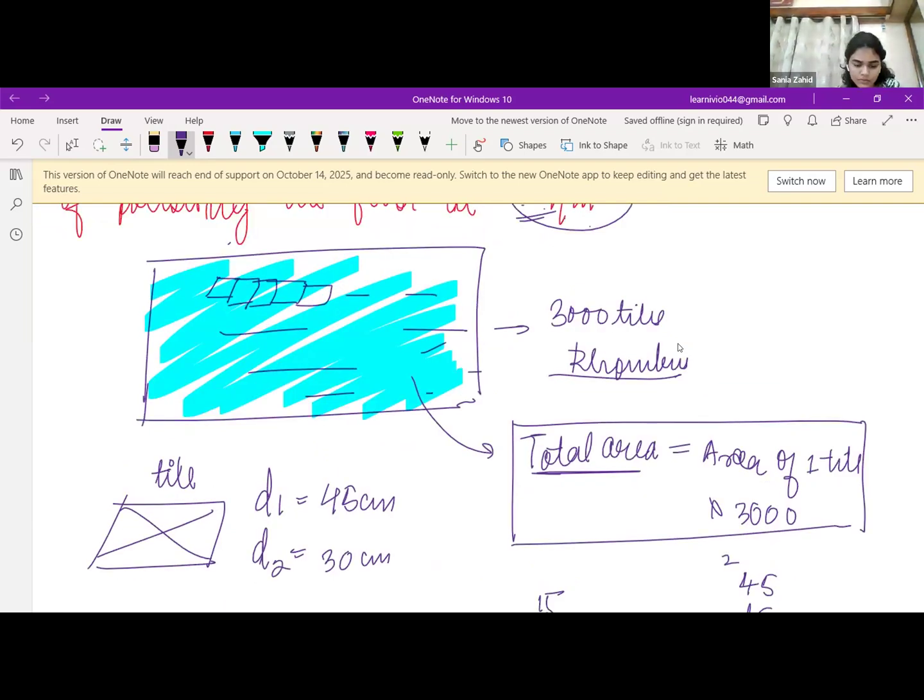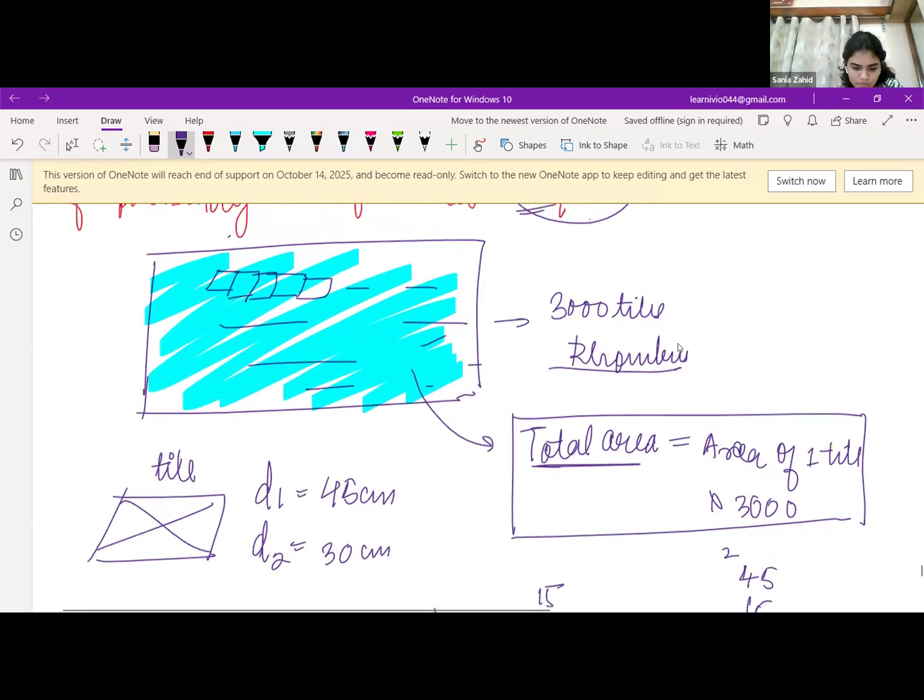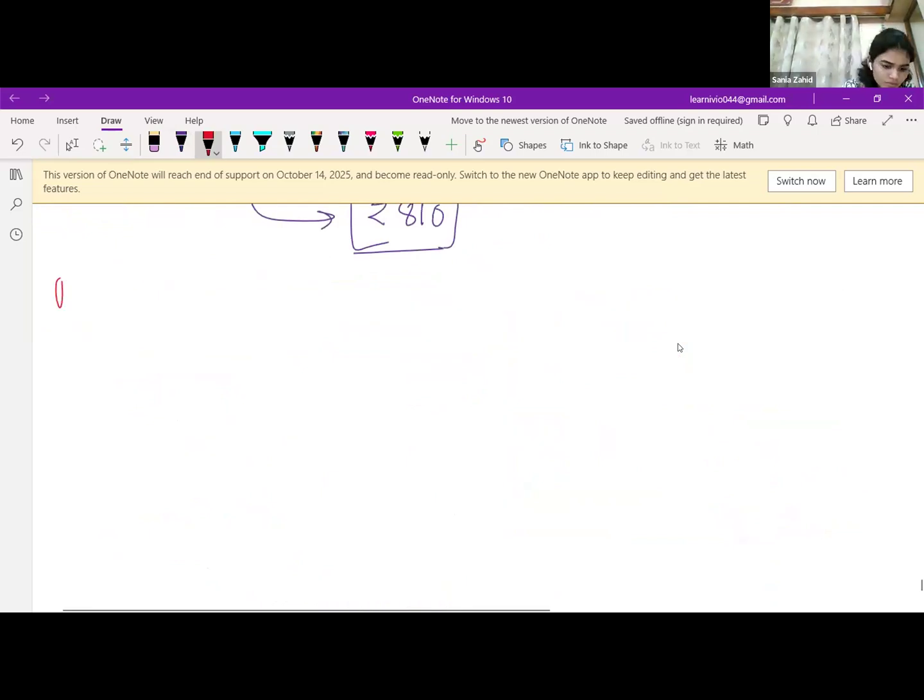Now we come to the next question. Mohan wants to buy a trapezium shaped field.